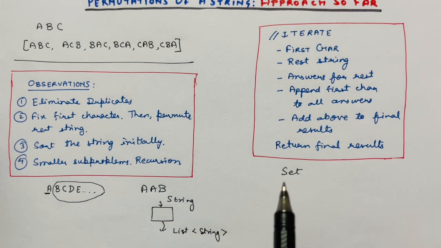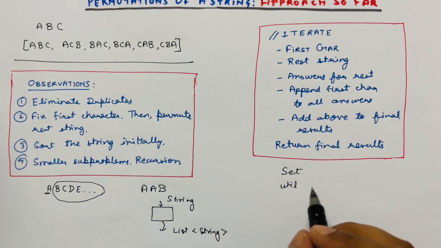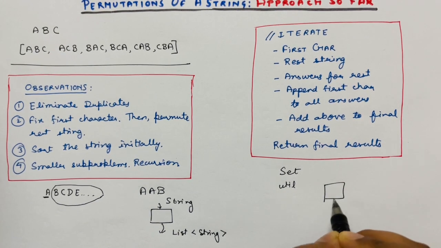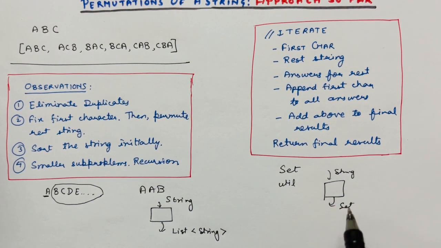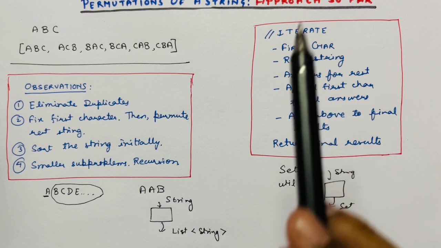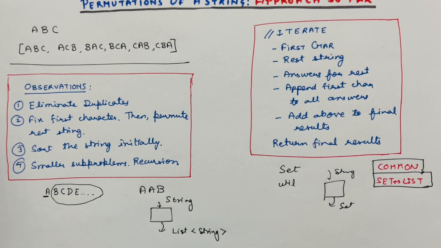Since we are now returning set, there will be another function, let's say we call a util function, that will basically return set given a string as input. So there will be a different function used here in the recursive call. This is a very common approach that we can use often to eliminate duplicates, that instead of list we use set.